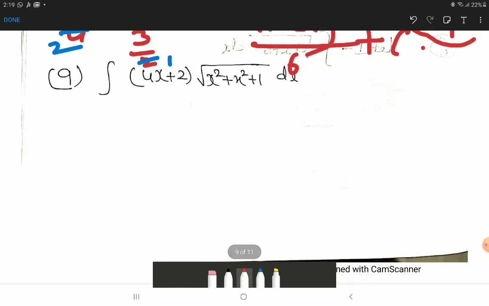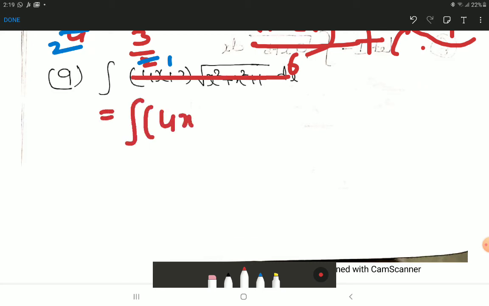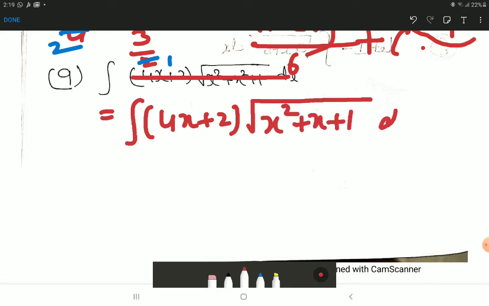Same case here. I will have to correct it, it is wrongly written. Integration of 4x plus 2 into square root of x square plus x plus 1 dx. So x square plus x plus 1 is quadratic and this is linear. So let's see what is the derivative of the quadratic.